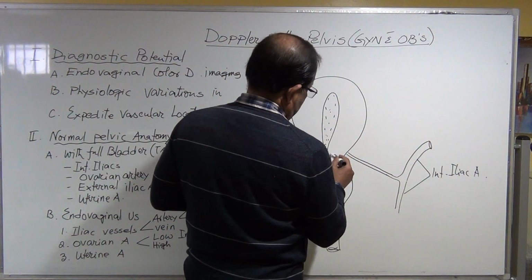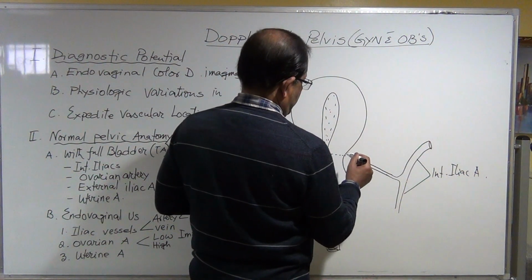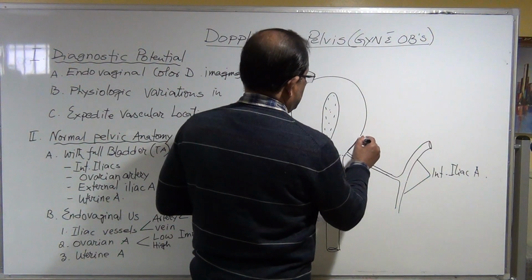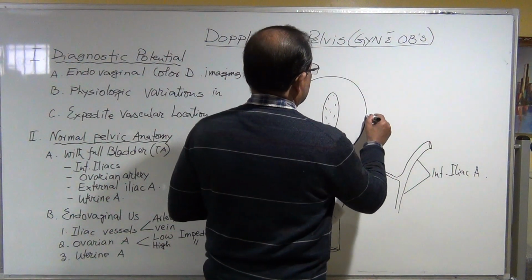So this is the isthmus level. And when it enters at the isthmus level, it goes under the perimetrium.